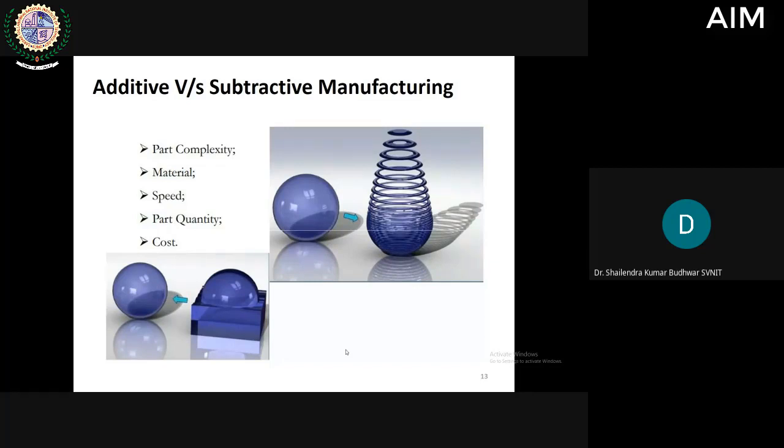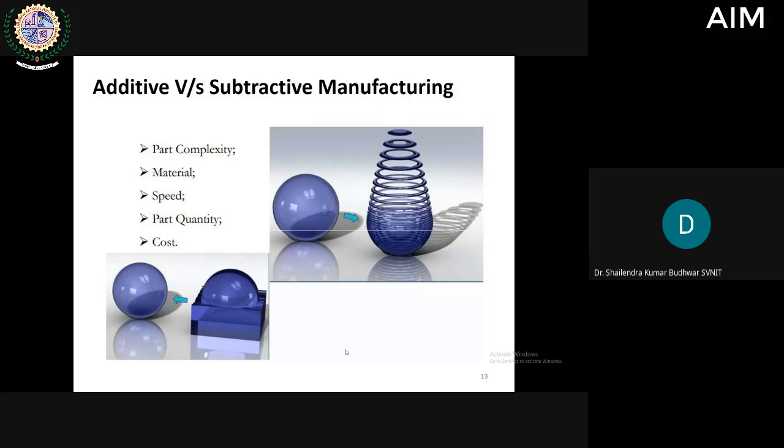And cost. In additive manufacturing, the cost of the part involves the cost of the raw material and the cost of the machine. While in case of any other conventional manufacturing technology, cost involves the design cost, and then there are a number of steps.